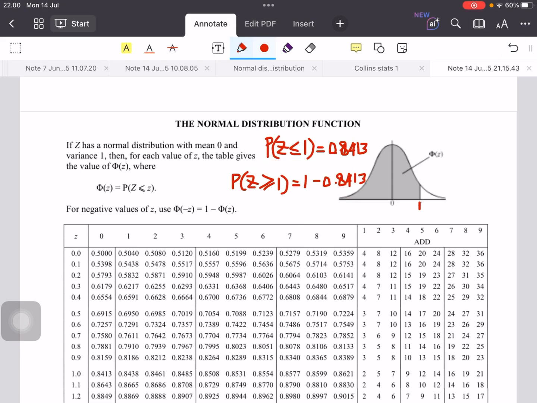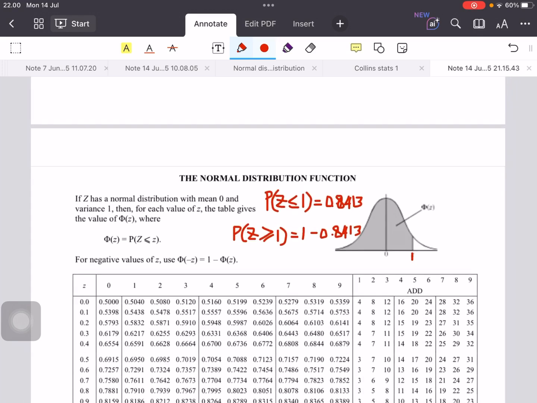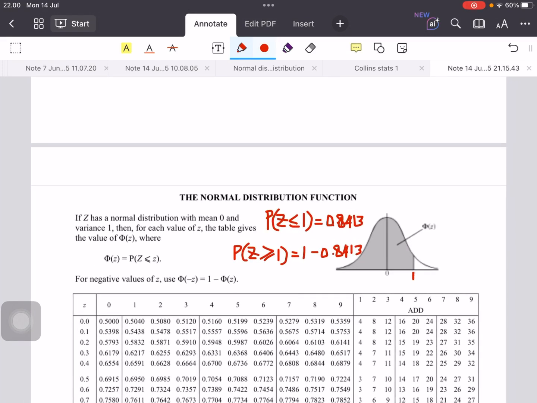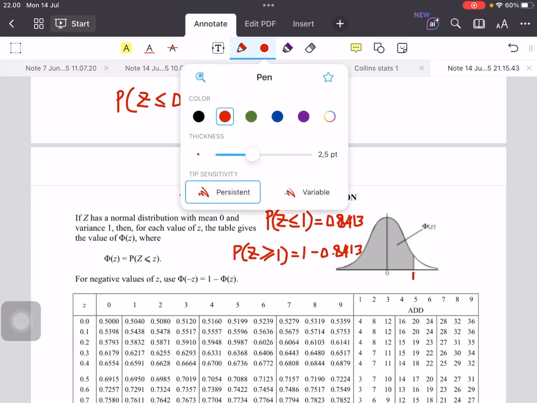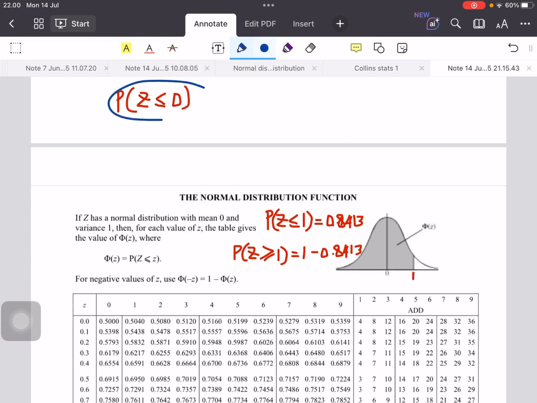And then another example. What is the probability that z is less than or equal to 0? I think I have explained this one. Without using this table, we can easily answer this question, because this is a standardized normal distribution with mean 0.